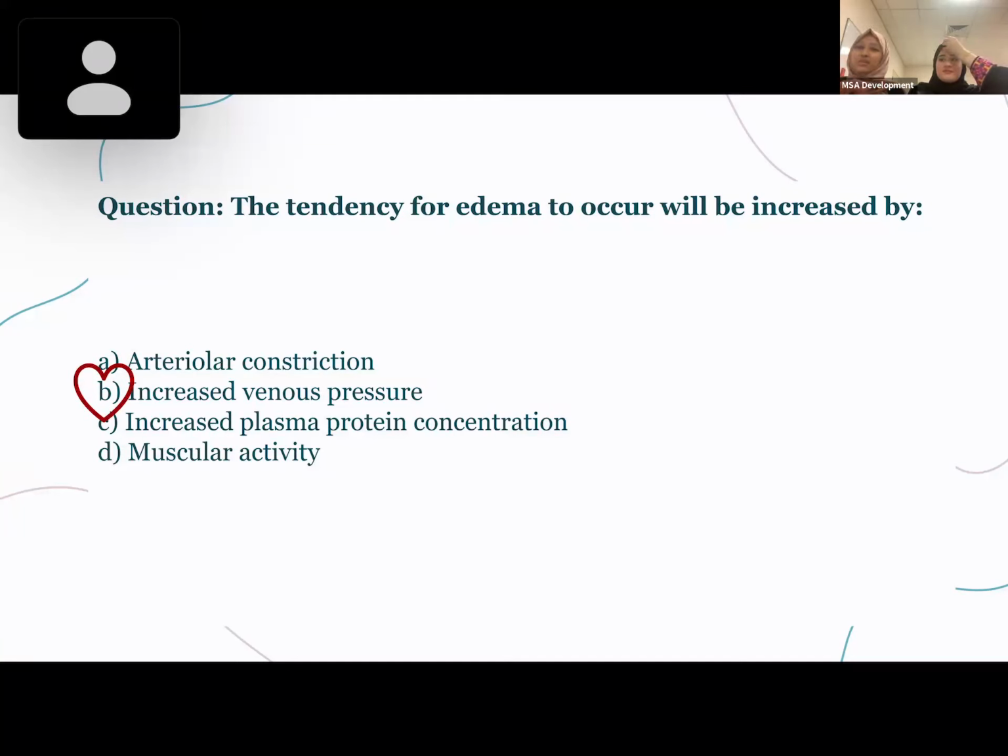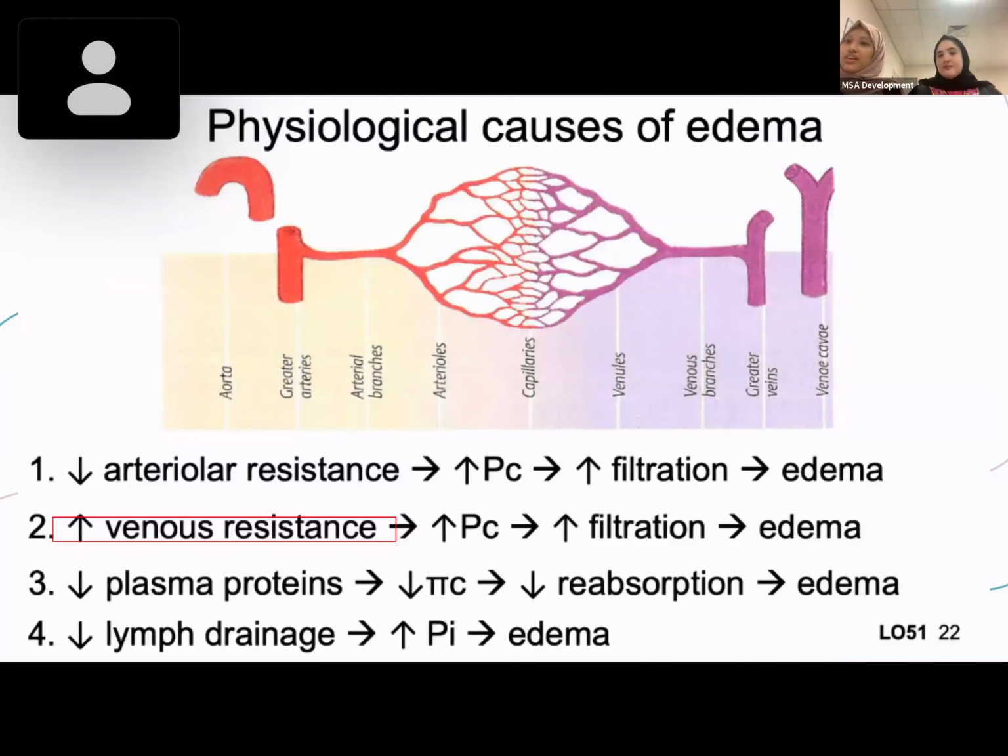So do you all remember, what's the name of the forces? There's a name for this law. Do you all know what that is? Starling forces? Yeah, good job. So it's Starling forces that I want to talk about here. If you remember from your lecture, it's affected by 4 different forces.